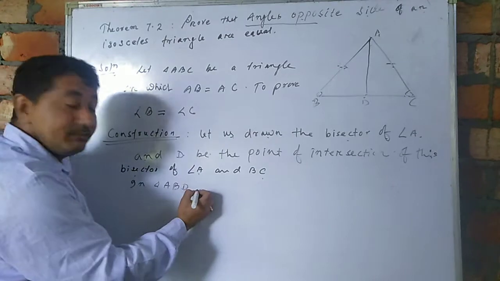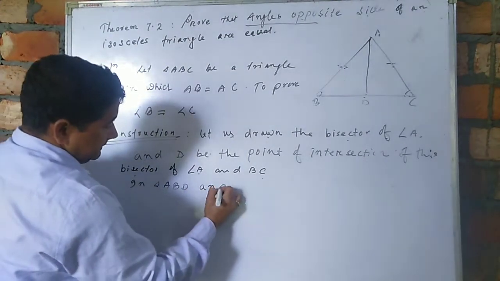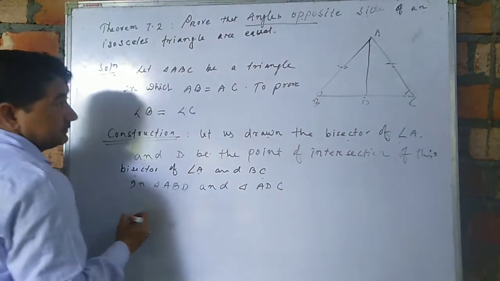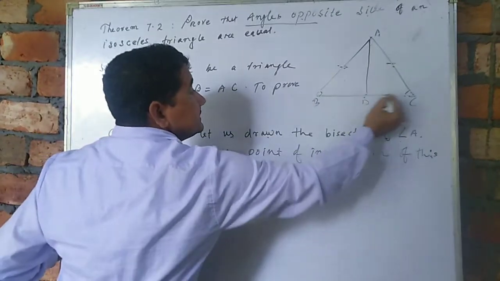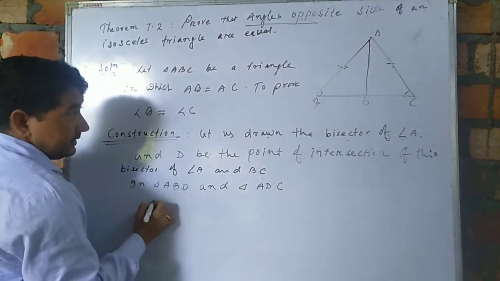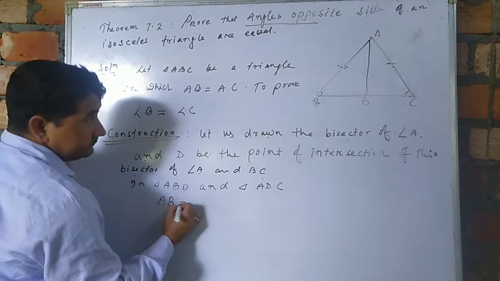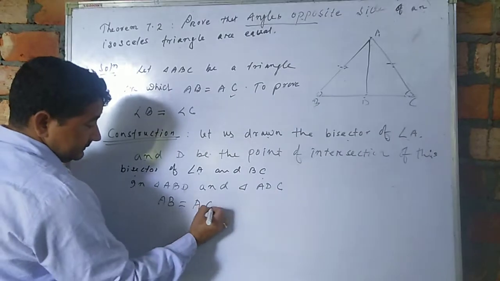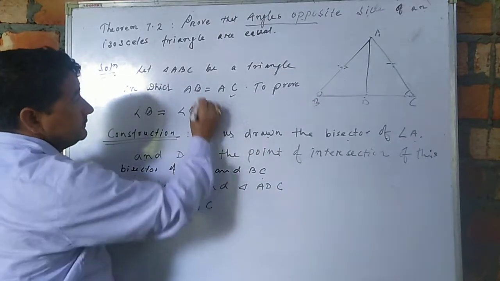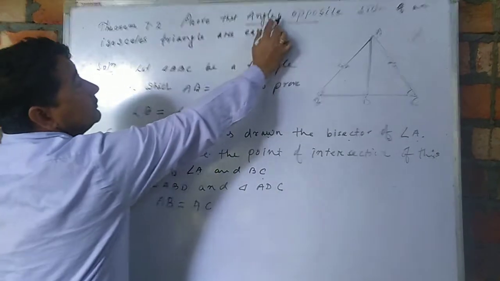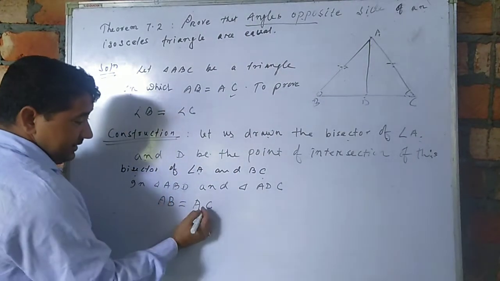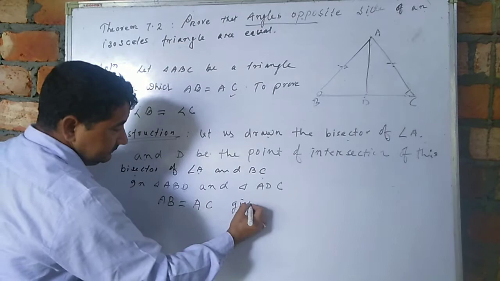In triangle ABD and triangle ADC, AB is equal to AC, given. Two sides are equal. So we can write AB is equal to AC, given.